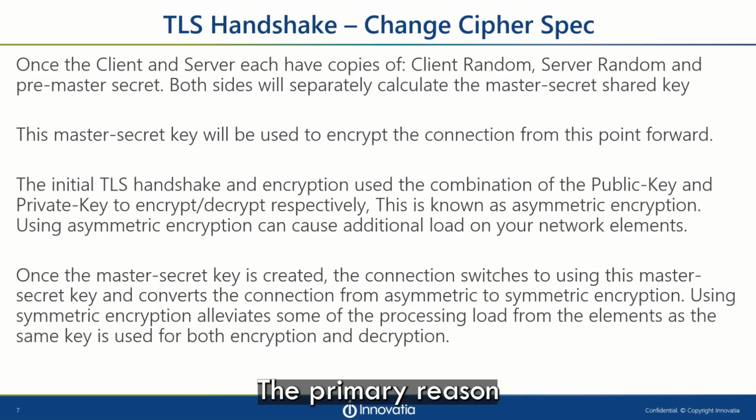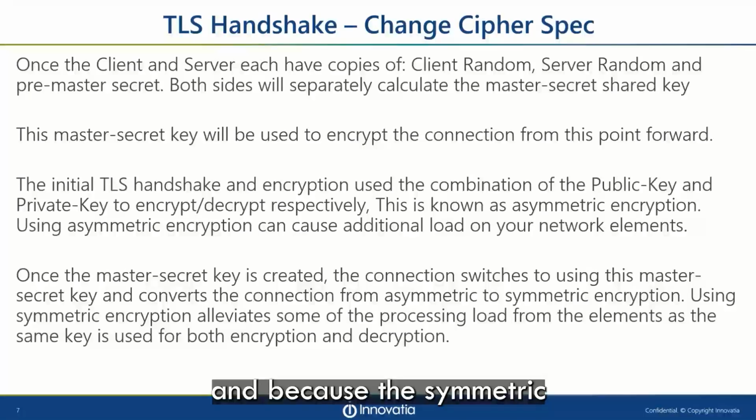The primary reason is that it saves on load being utilized on a server or a client. Asymmetrical encryption can be more secure, but that comes at the cost of processing power and resource utilization. Switching from asymmetric to symmetric encryption takes some of that load off.